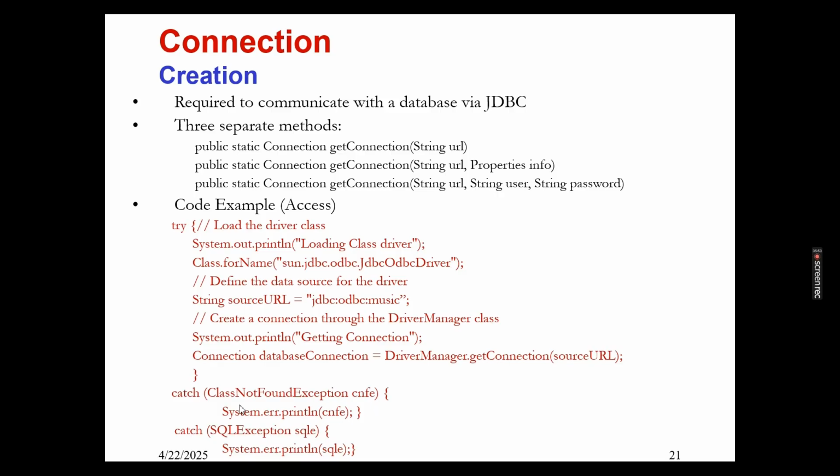Otherwise, if you don't want to write even try and catch, just mention throws Exception for the main method, so that it will throw that exception to some other parent class.